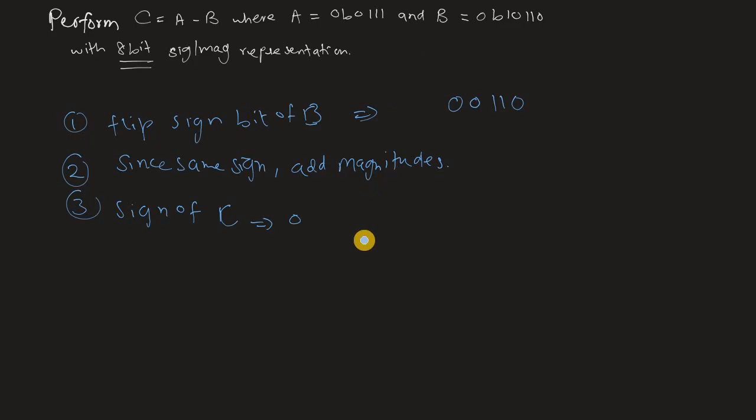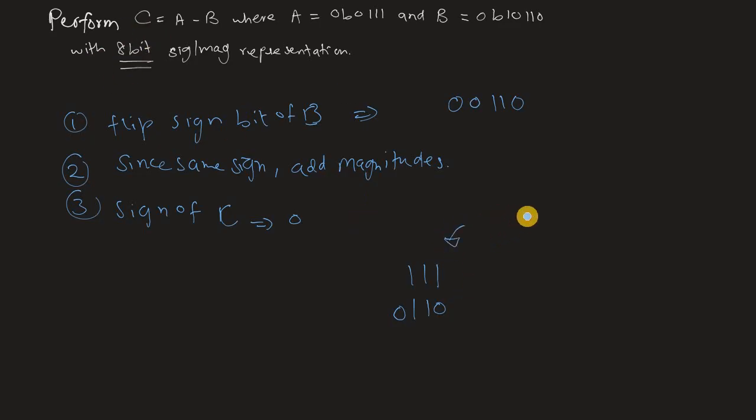Now let's go ahead and actually do the addition. So the magnitude, okay, so we have 1 1 1, and then here we have 0 1 1 0, okay. This one is for the sign, right? So that's why I only took this, because this is the magnitude and this is the magnitude over here, and we want to perform in 8 bits.